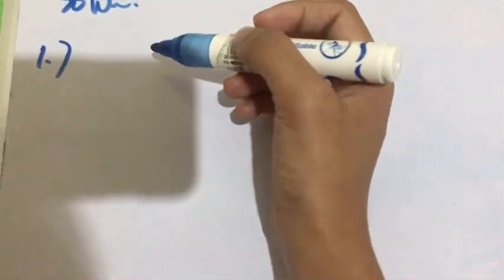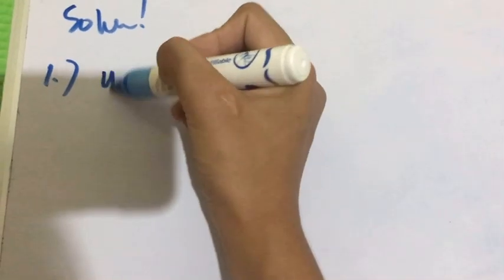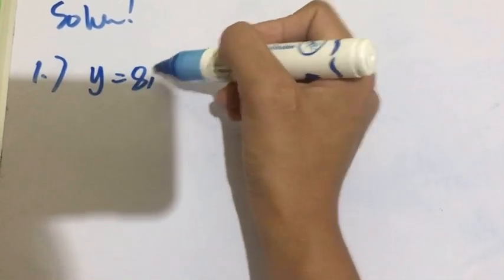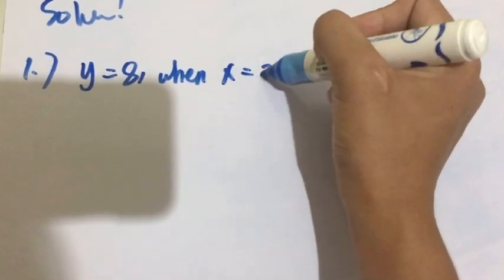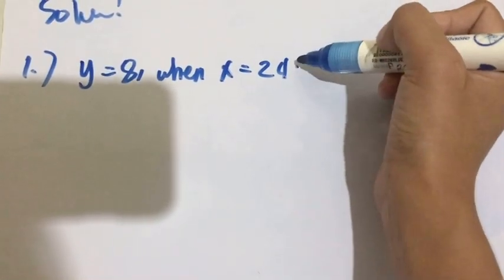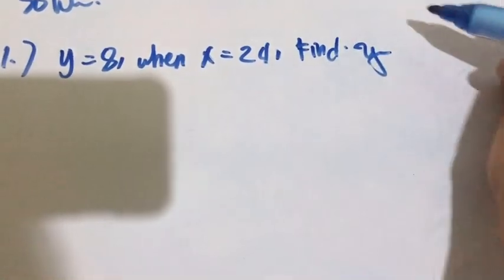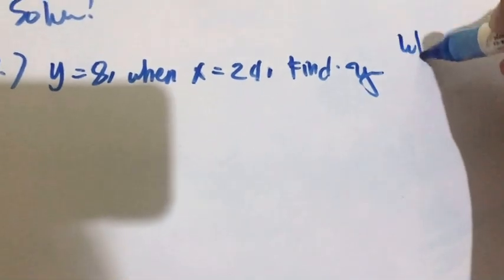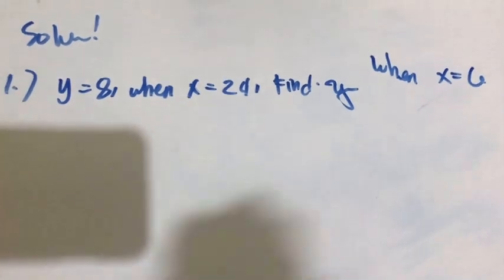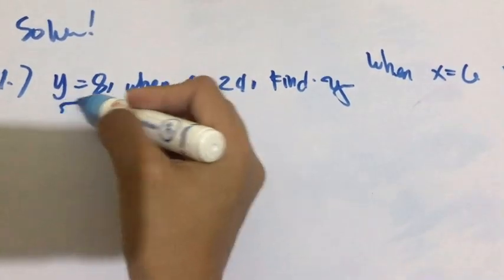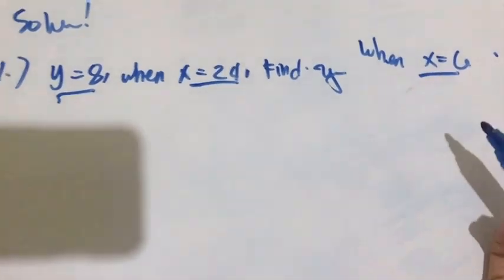If y varies directly as x and y is equal to 8 when x is equal to 24, find y when x is equal to 6. So we are given y is equal to 8, x is equal to 24, and another value for x.